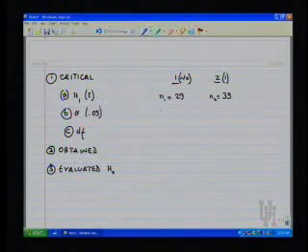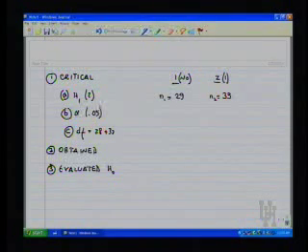So the degrees of freedom in this, n1 minus 1 is 28, plus n2 minus 1, which is 32, so that the total degrees of freedom are 60. Would you agree? Yeah?